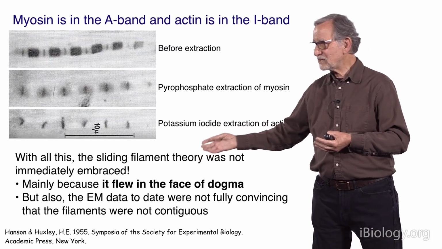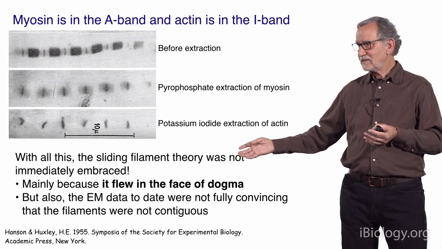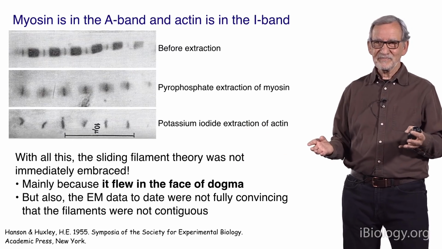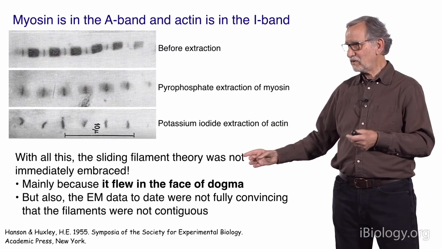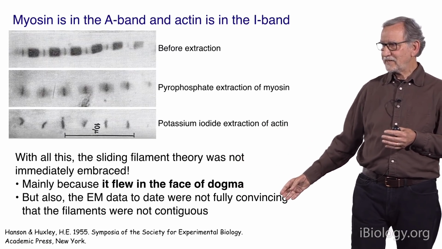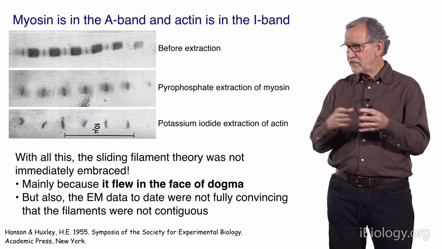And with all of this, the sliding filament theory was still not immediately embraced, mainly because it flew in the face of this dogma. But also because the EM data to date were not fully convincing that the filaments were not contiguous or continuous.